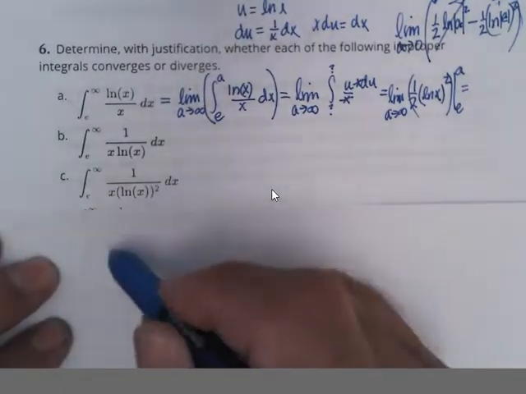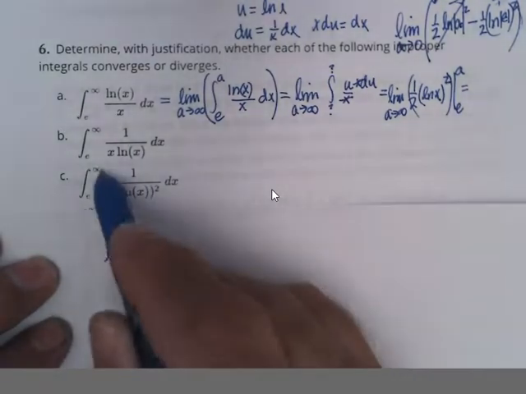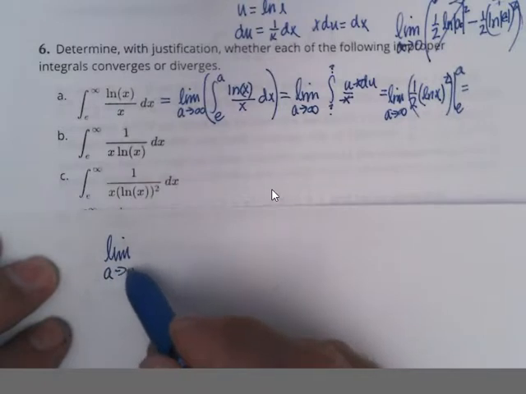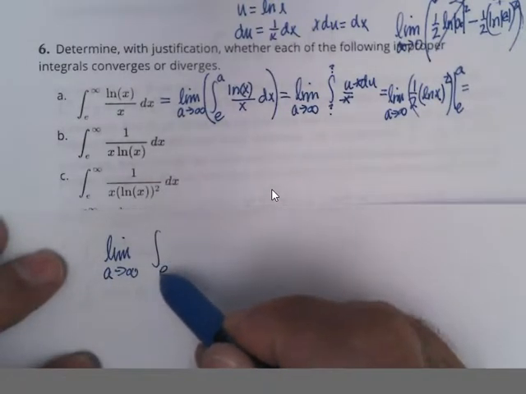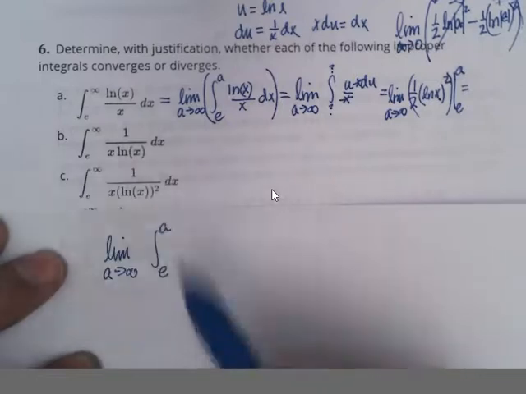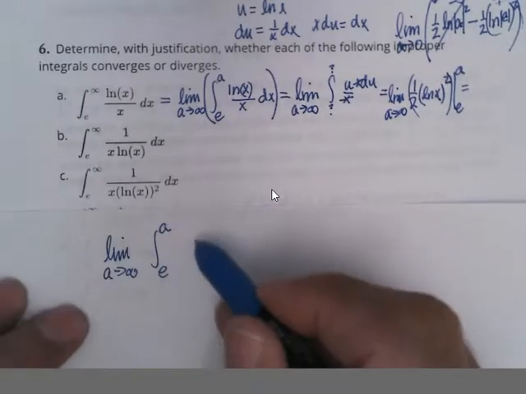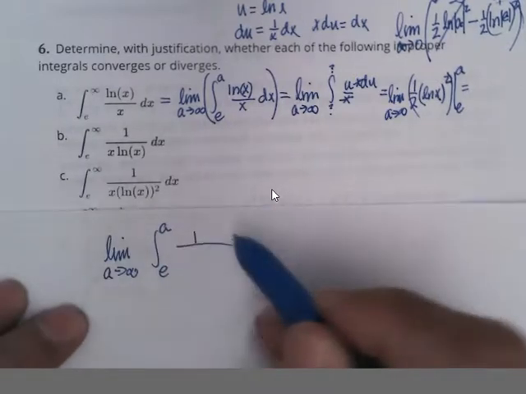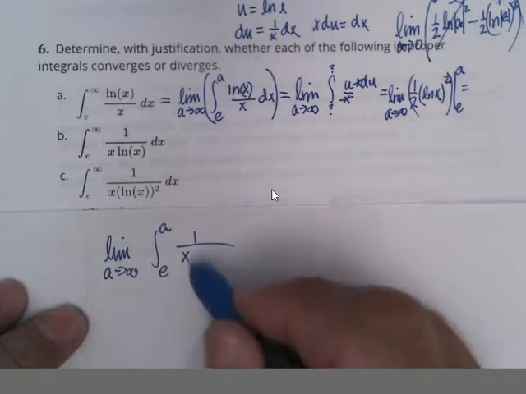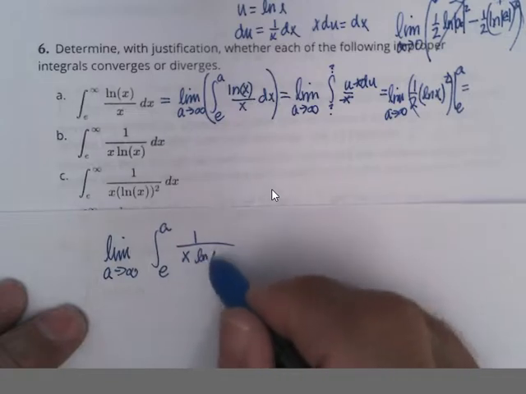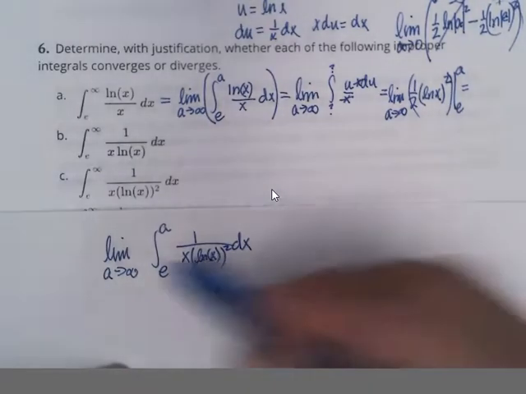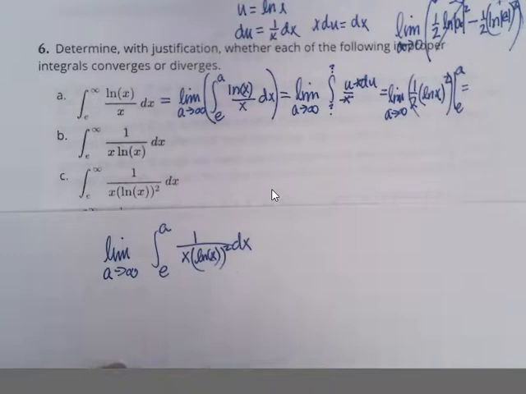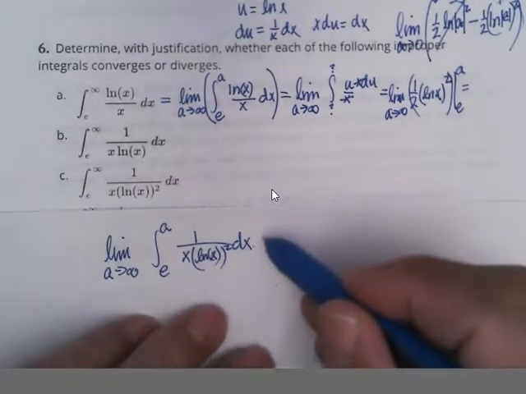So the problem is the limit as a goes to infinity of the integral from e to a, replacing the infinity with an a, of 1 over x ln of x squared dx. And these are all positive, so I don't have to worry about the absolute values, but I'll keep that there.